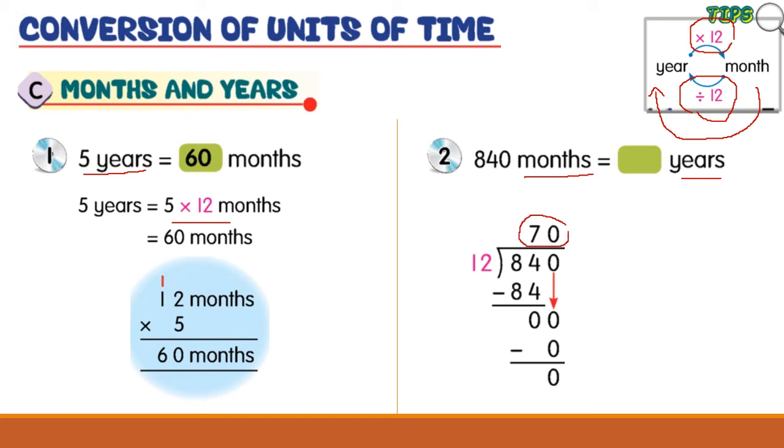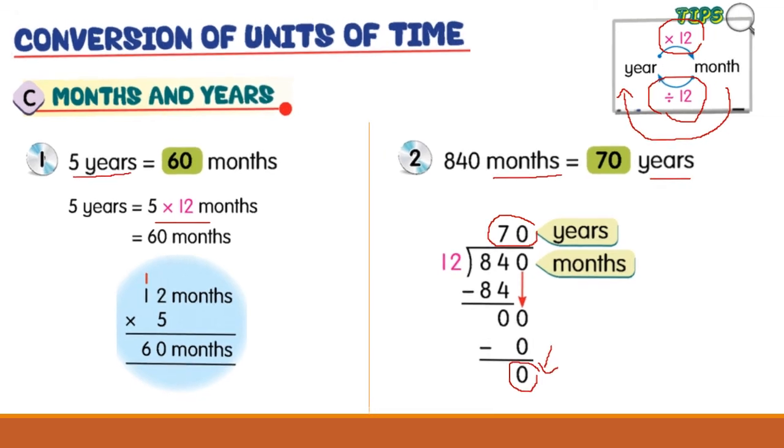Okay, this one is years, and then 0 as a remainder here. This one is no remainder, so no months. So the answer for 840 months when we convert to years is 70 years.